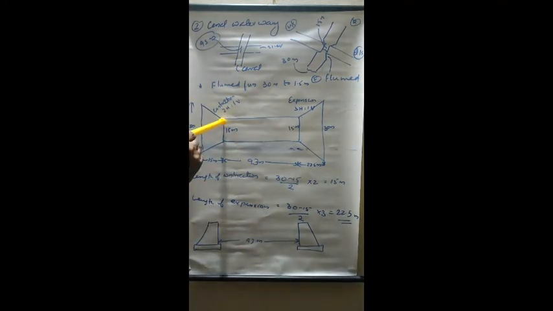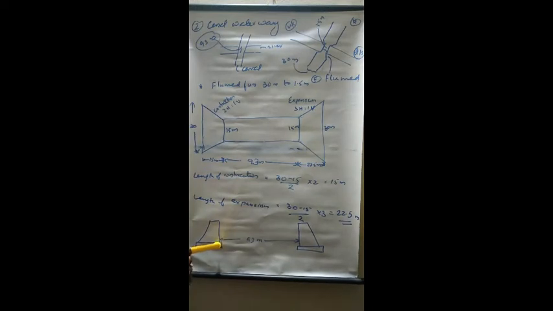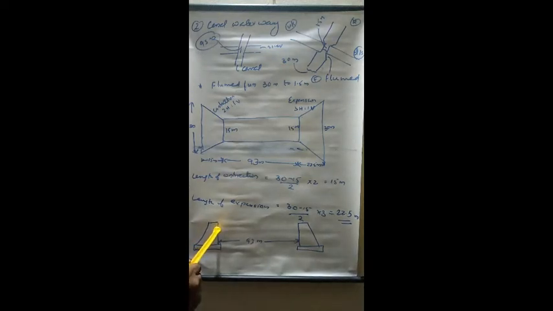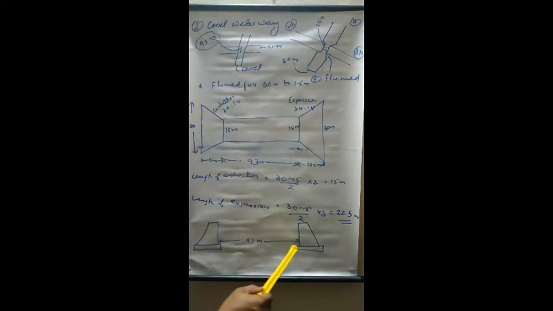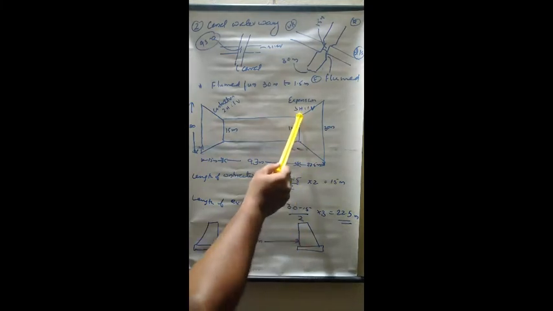And when we reach the section where the abutment portion is completed and the length of the waterway starts, then after that the width of the canal is constant, that is 15 meter. Up to the next abutment the width is 15 meter.